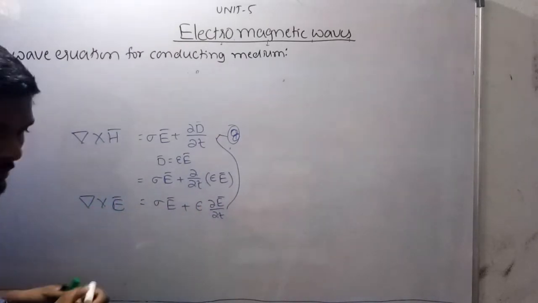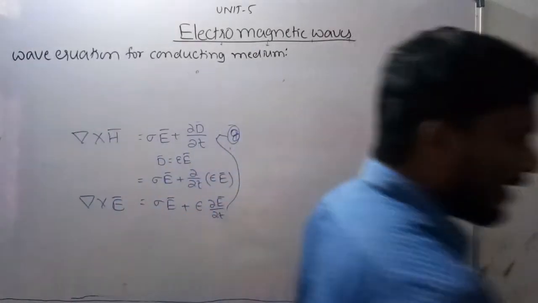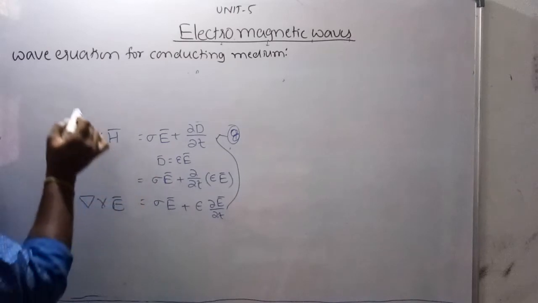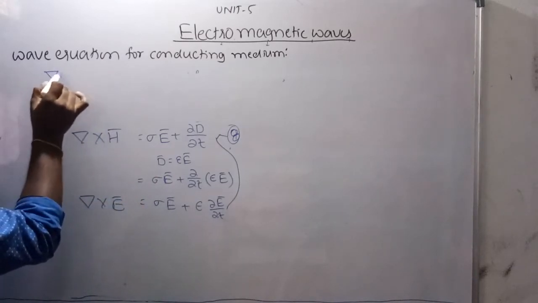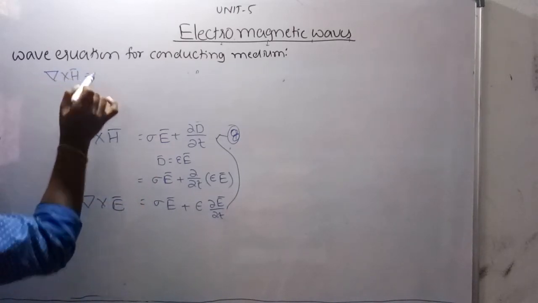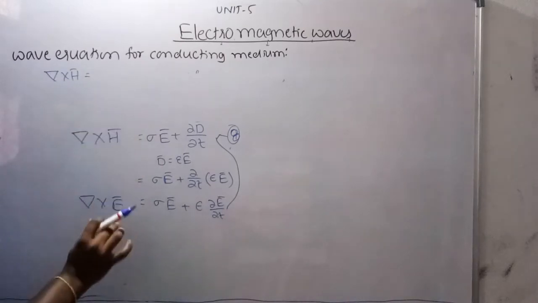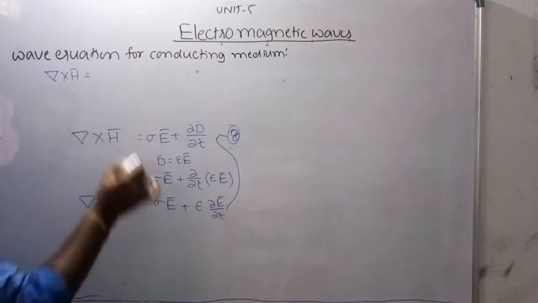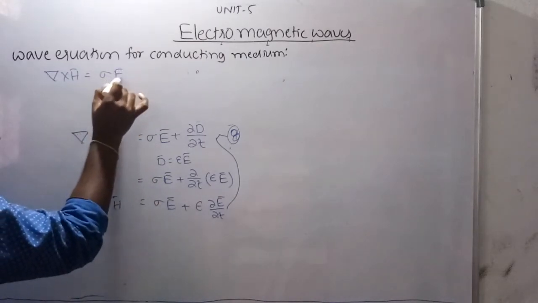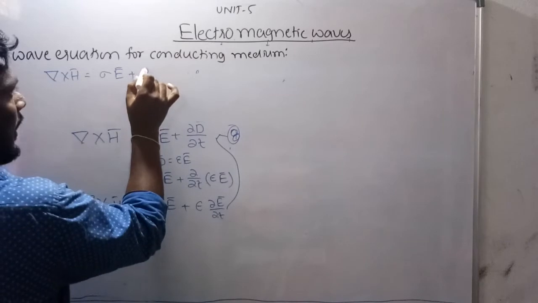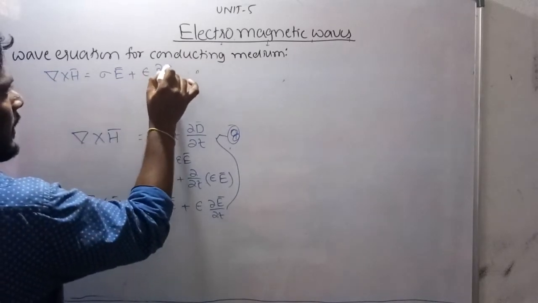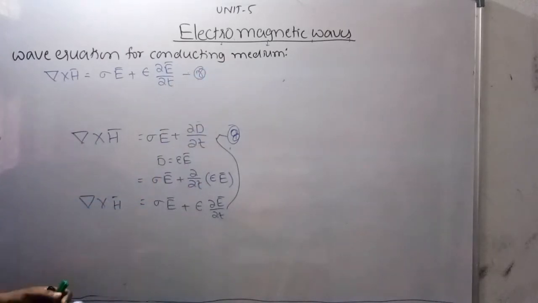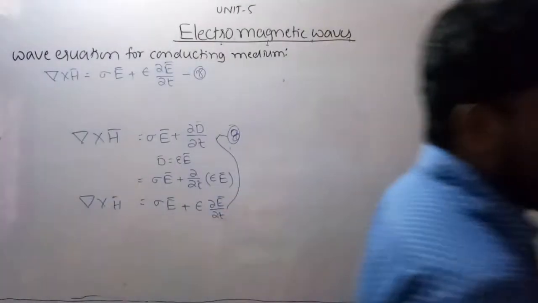Now apply the curl operator on equation 8. First I am writing the expression: del cross H bar equals sigma times E bar plus epsilon times dou E bar by dou t.